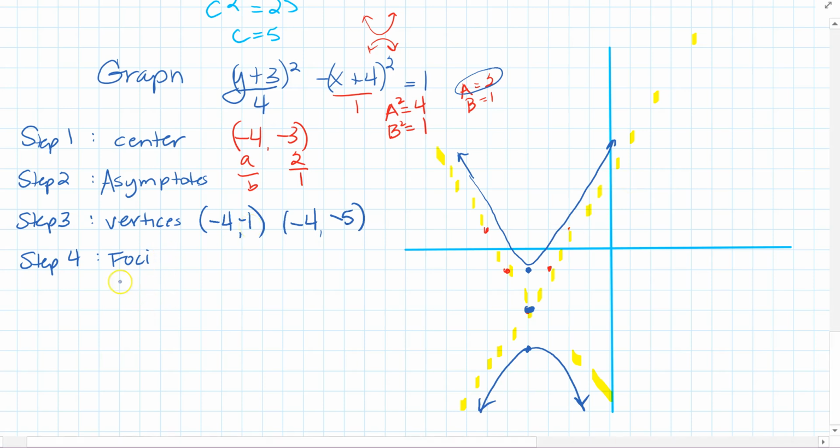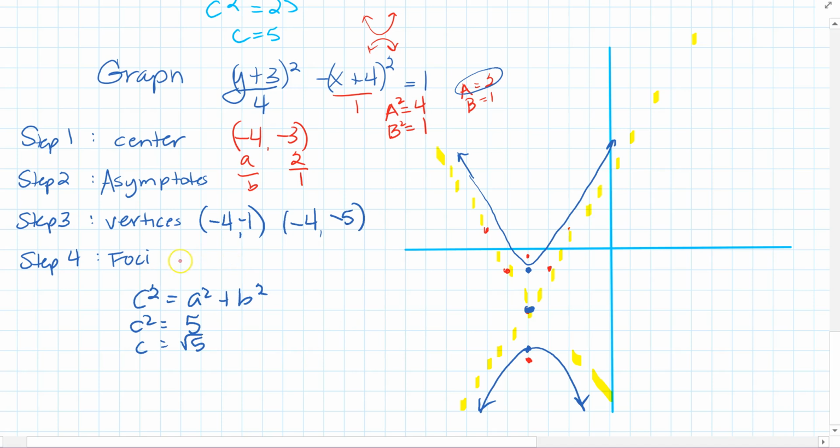Remember, that's C units away. C squared is equal to A squared plus B squared. In this case, that's 4 plus 1, which is 5. So C squared is 5, so C is the square root of 5, which is a little bit more than 2. So it's going to be right there and right there.